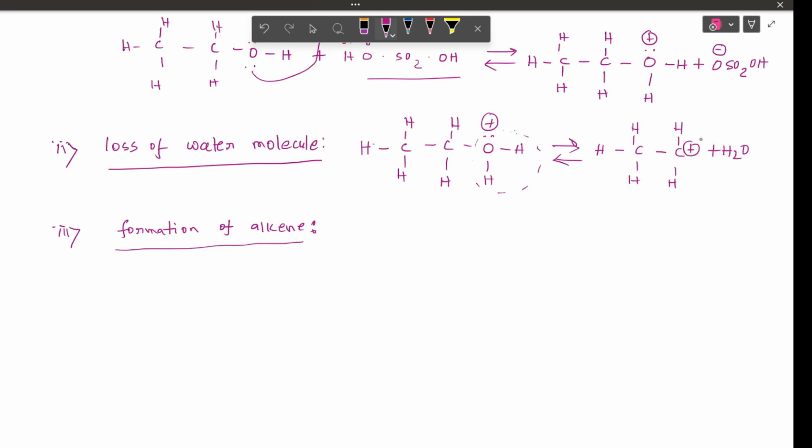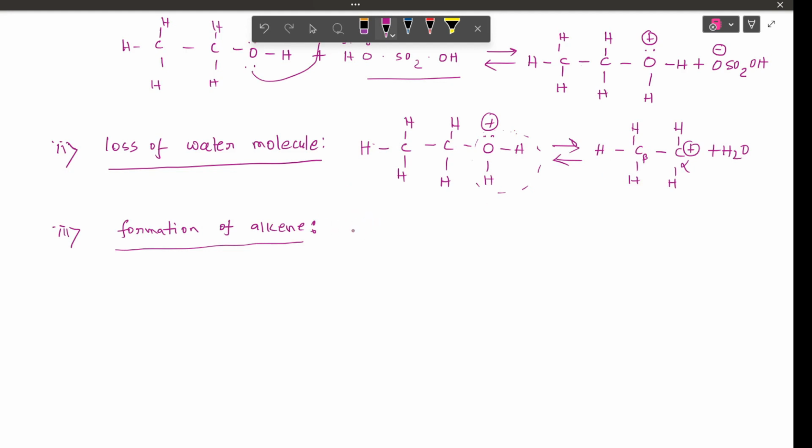Now see, this carbocation is on this carbon. So this is the alpha carbon, this would be your beta carbon. So it will lose a proton from the beta carbon, that is, it will lose a hydrogen.